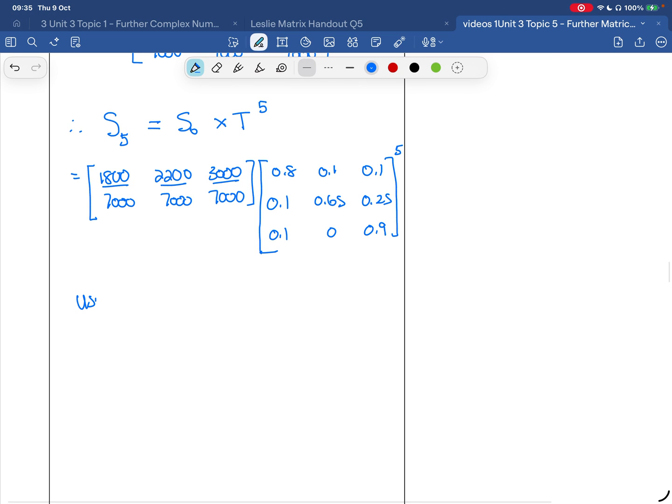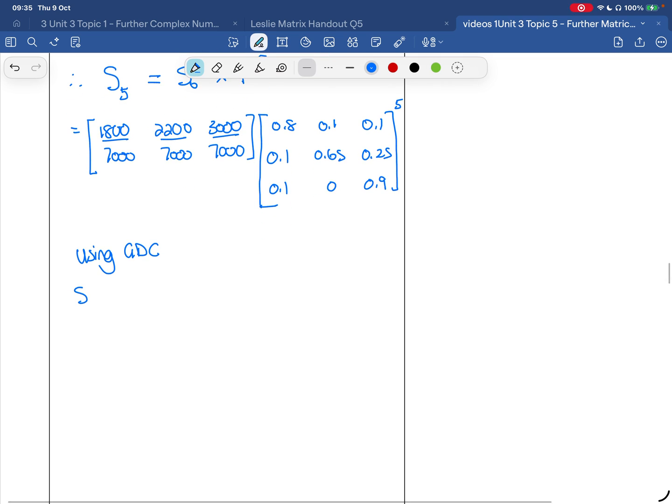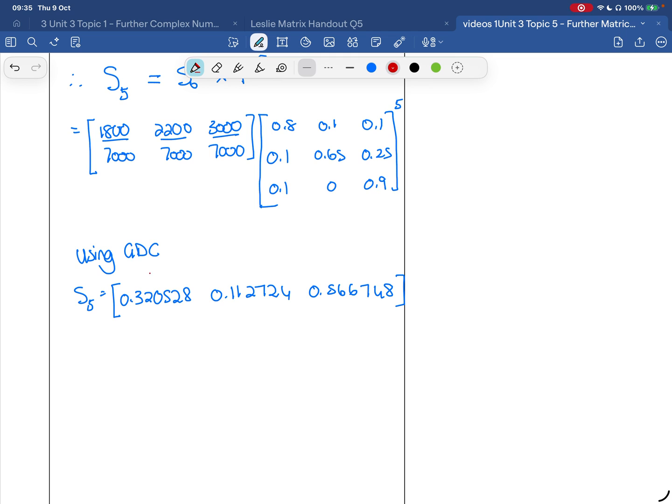And using your graphics calculator, we have that S5 looks like this: 0.320528, 0.112724, and 0.566748. And those correspond to cars, buses, and trains.